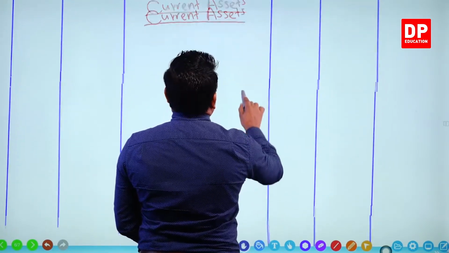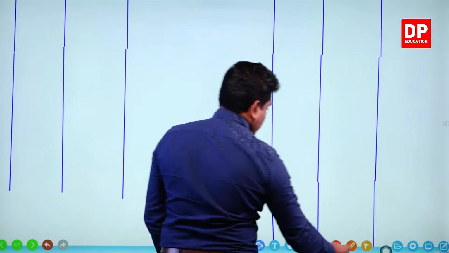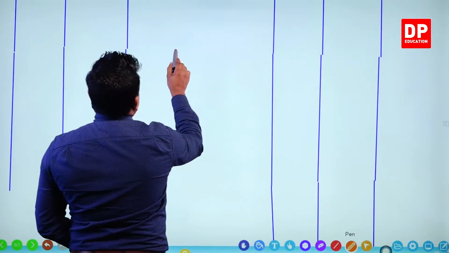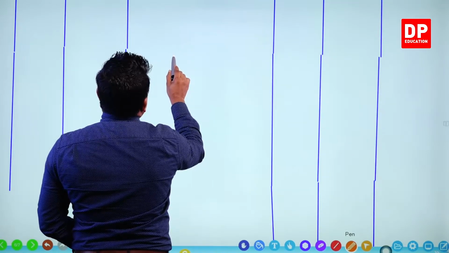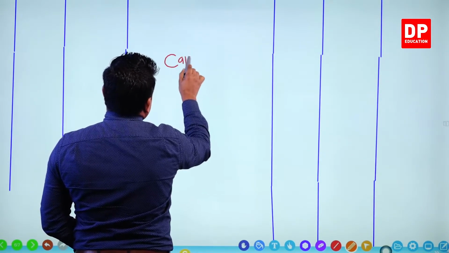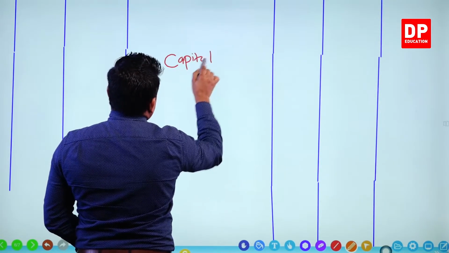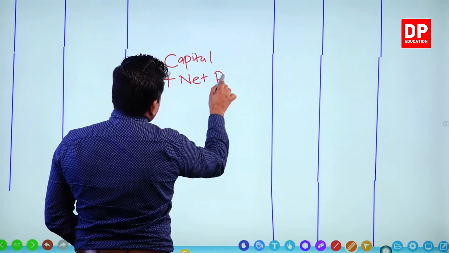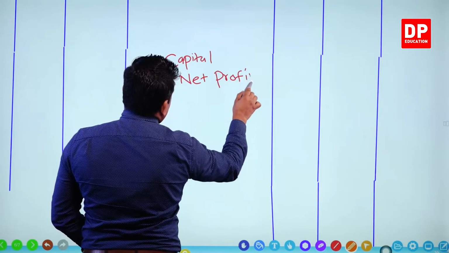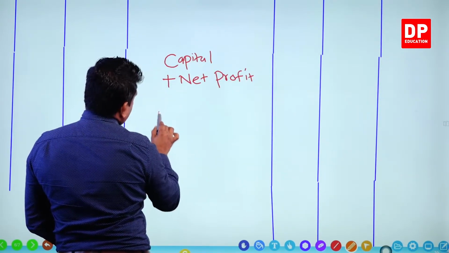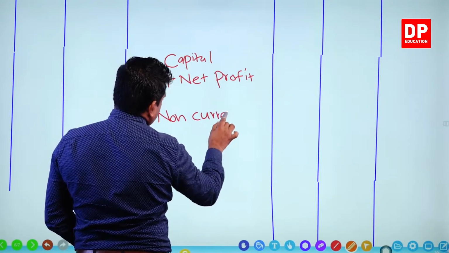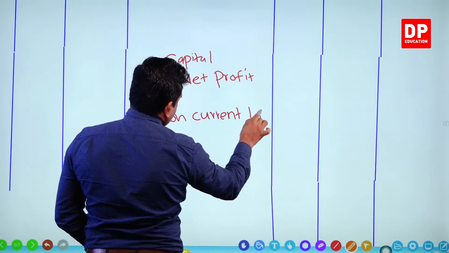After that, current assets finish, then what? Then you can write capital plus net profit. Okay. After that, non-current liabilities.